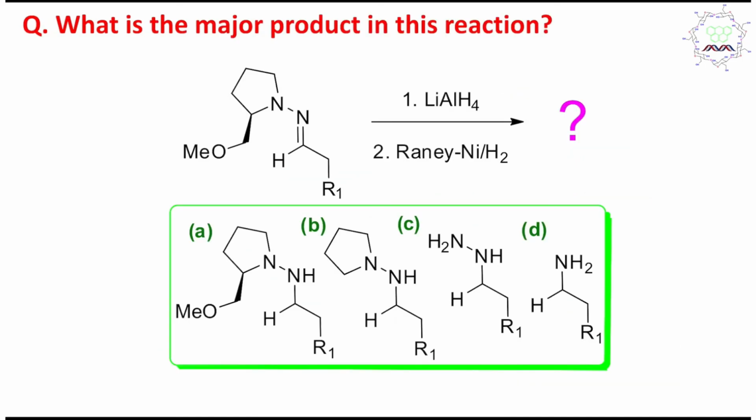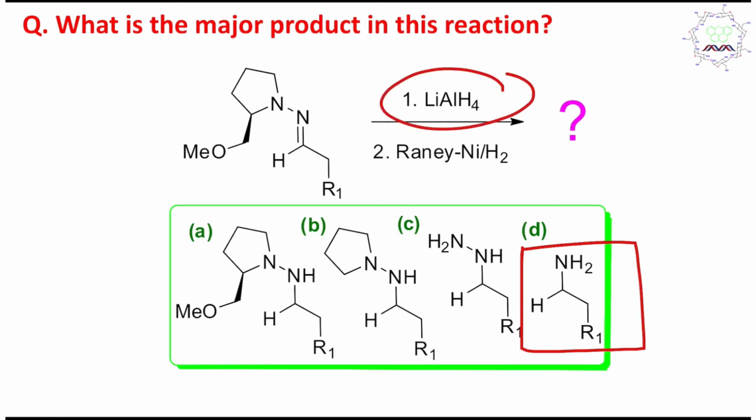So what is the answer to today's question? The MCQ answer is option D. Okay, now if this question is given to you in your exam in less than 30 seconds, how can you solve it? First of all, lithium aluminum hydride selectively reduces the carbonyl derivative into the corresponding saturated one, so imine to amine. Fine, just note this point, and in this case there is another reagent, nickel hydrogen, Raney nickel.